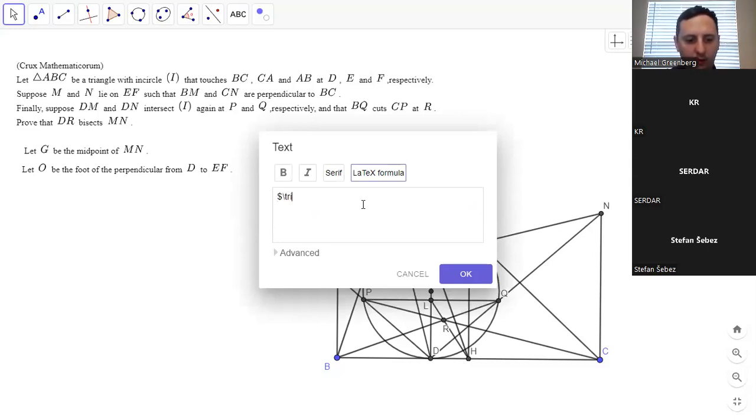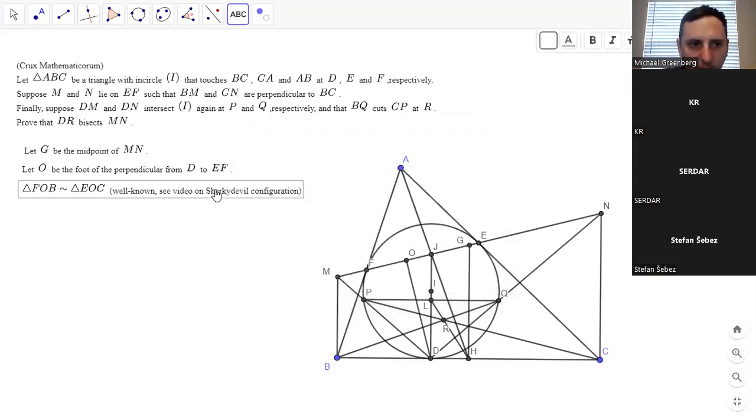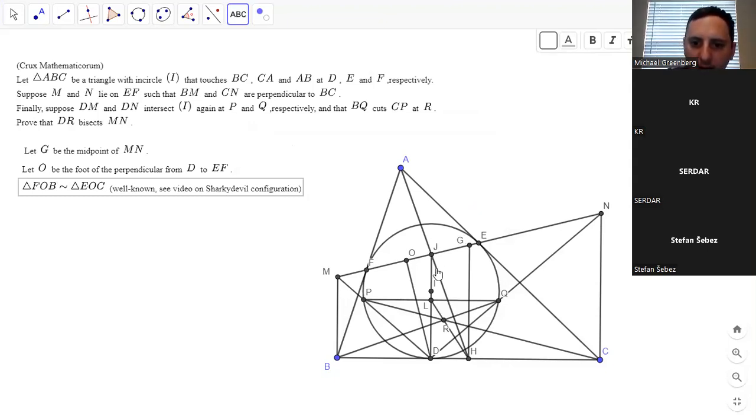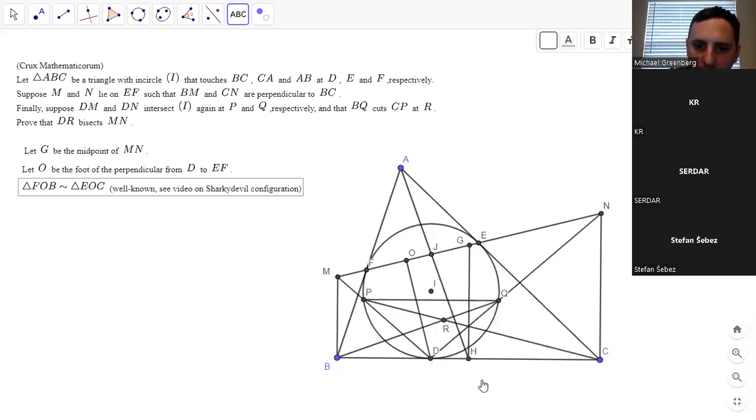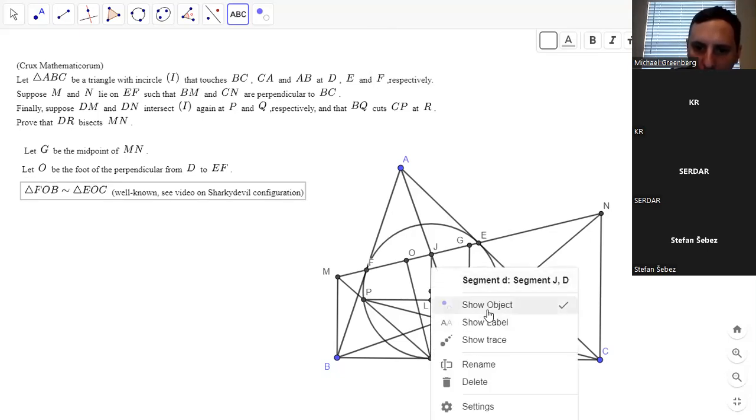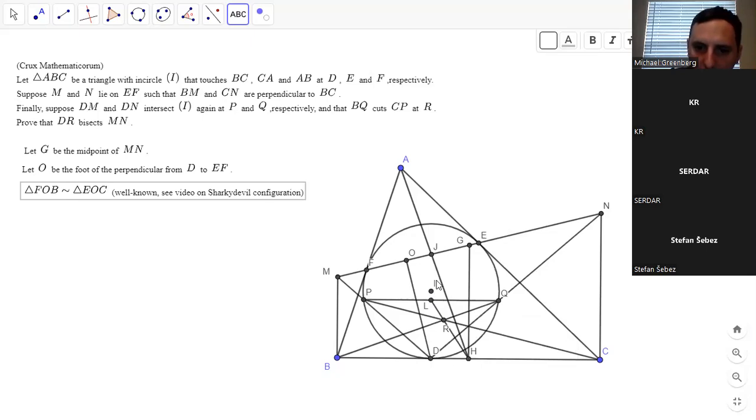So that's well known. Well known, see video on the Sharky Devil configuration. Also, in the end, I didn't use the point J, so you can delete it. Yeah, we don't need J.